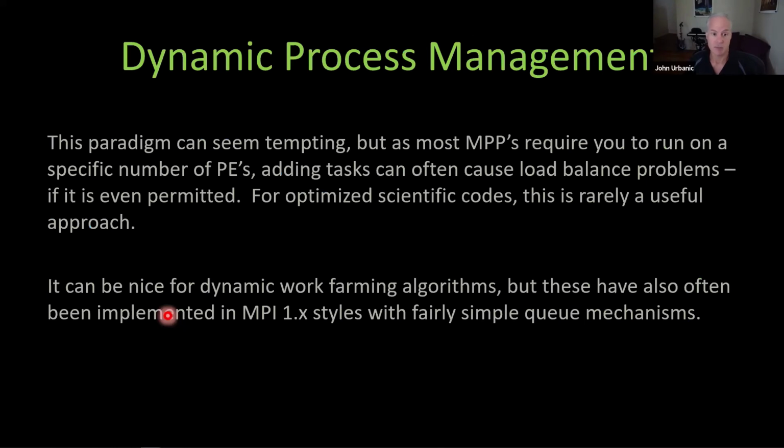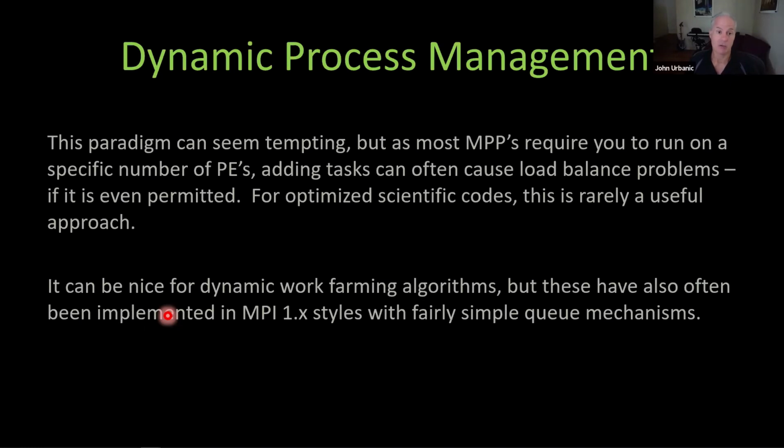Dynamic process management. This is the notion of starting and stopping PEs as the code's running. So far, we've assumed that the number of PEs you get is static, because when you type mpirun -n 8, that's how many PEs you have to work with for the run. But what if you're on a machine that allows you to grab more PEs while the code's in the middle of running? That might be useful. There are algorithms where the amount of work increases as the code runs, and you might want to grab more PEs.